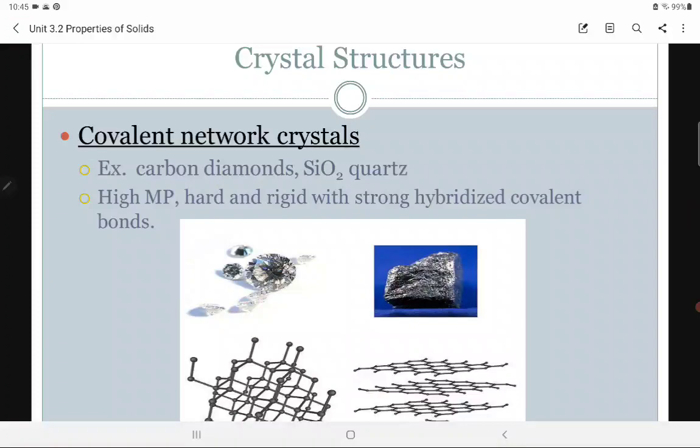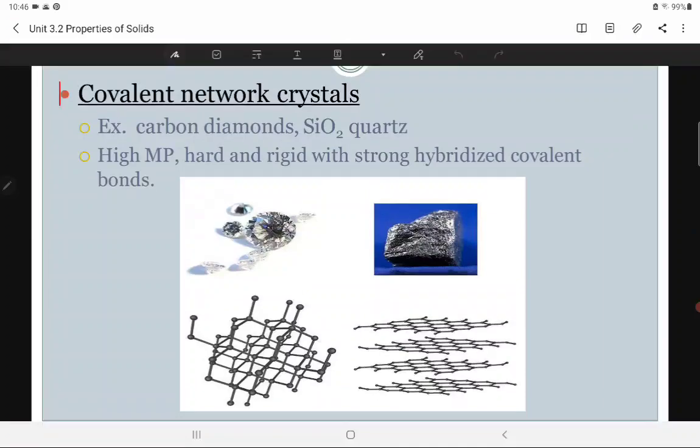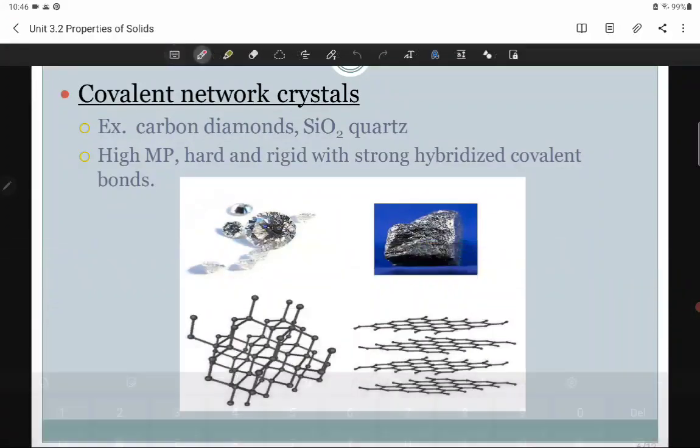There are a lot of different types of covalent network crystals. I took a picture of just a couple here. Diamonds are repeating structures of carbon, a lattice of carbons covalently bonded to each other. That's the one here on the left. That is diamond, and that's its structure.